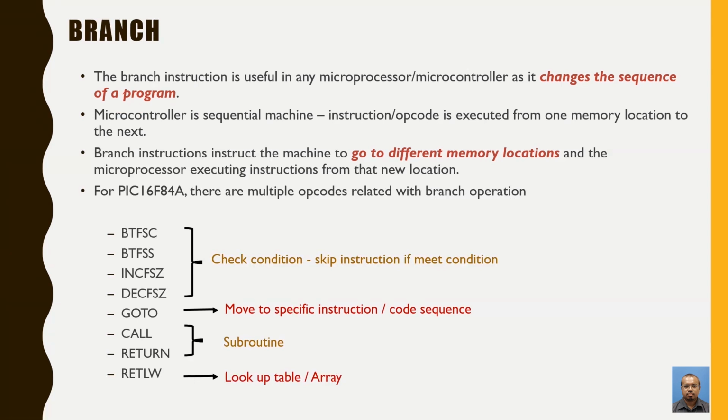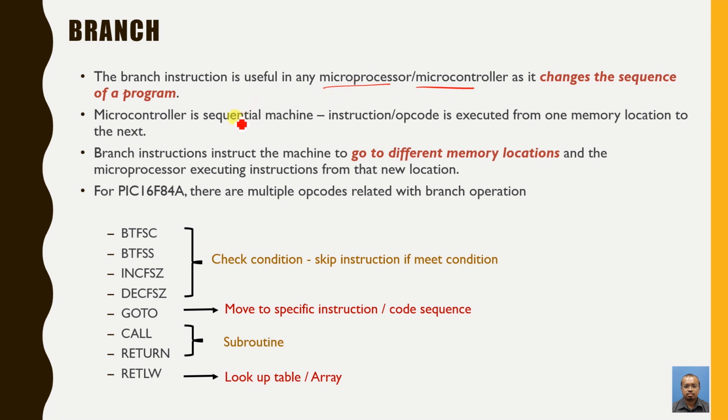Okay, branch instruction is actually very useful for any microprocessor or microcontroller, as it changes the sequence of a program. Basically, a microcontroller is a sequential machine, which means the program is executed one line after another in sequence.